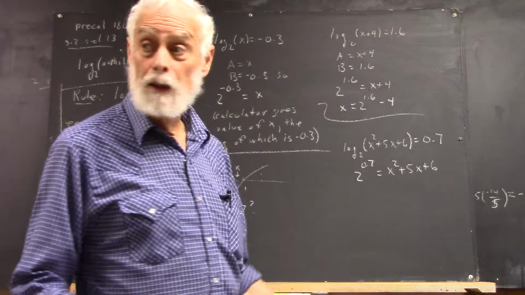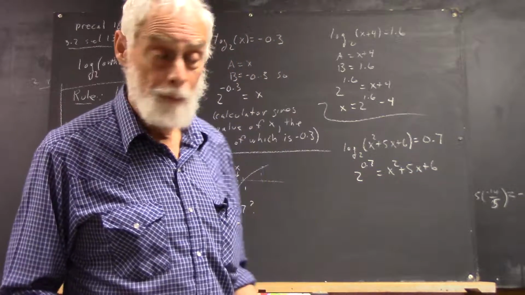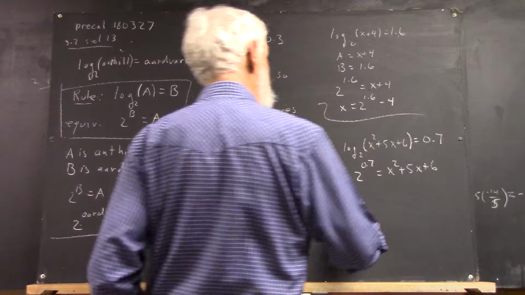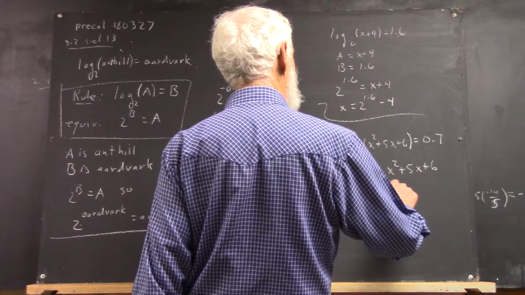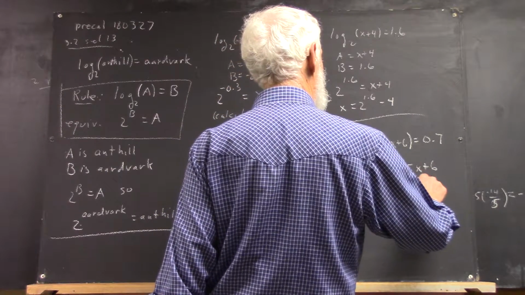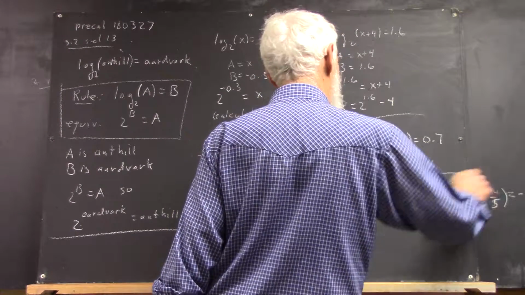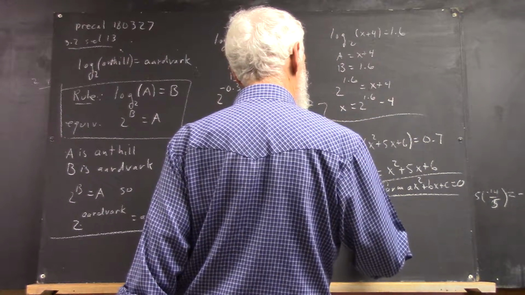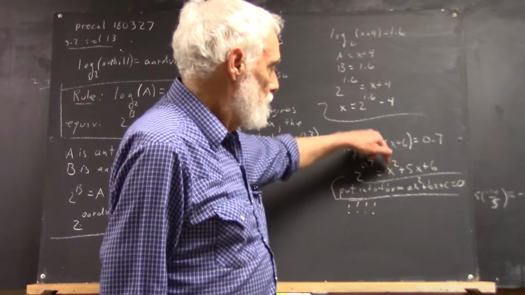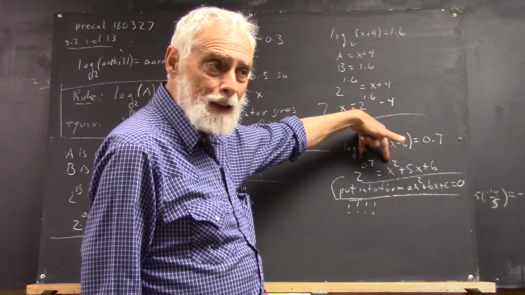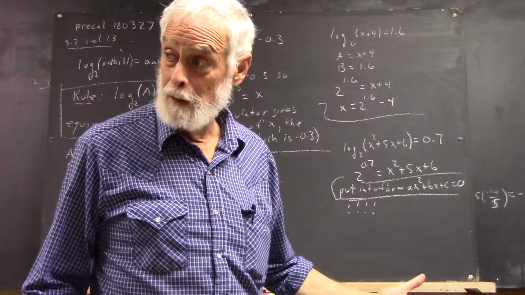To solve a quadratic equation, this is quadratic. This is just a number. You have to put it in the form ax squared plus bx plus c. If you get your x's on this side, you've got an x squared and a 5x, and there's nothing you can do with that. Doesn't work.